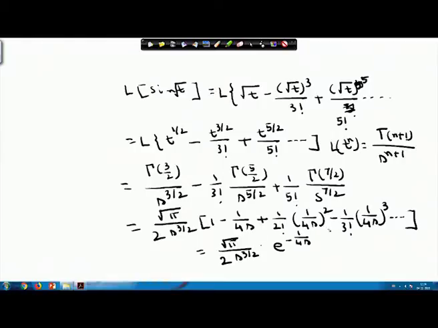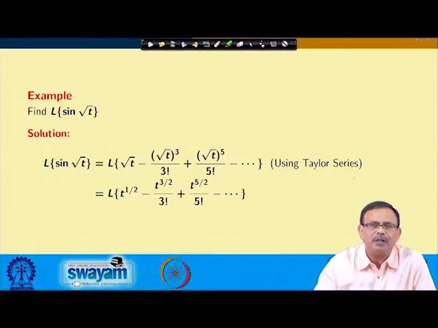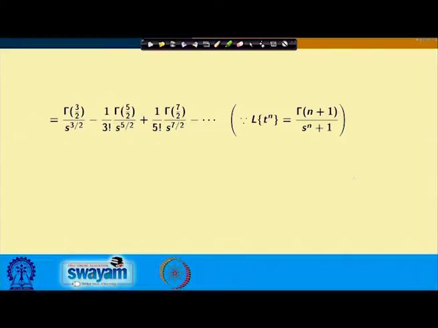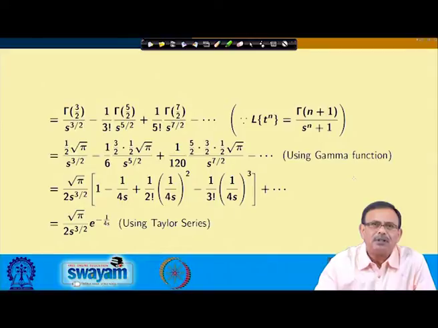Therefore, the Laplace transform of sine root t is root pi by 2 to the power 2 into s to the power 3 by 2 into e power minus 1 by 4s. We will see afterwards how to do this using some other properties also. I have written here whatever I derived, and the last step is the value e power minus 1 by 4s.